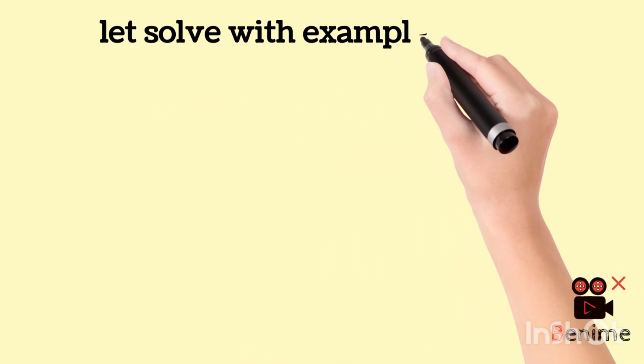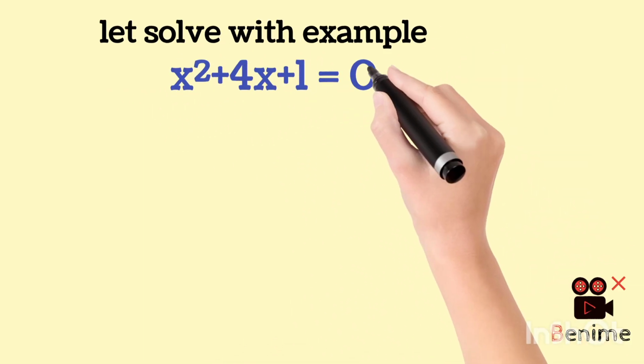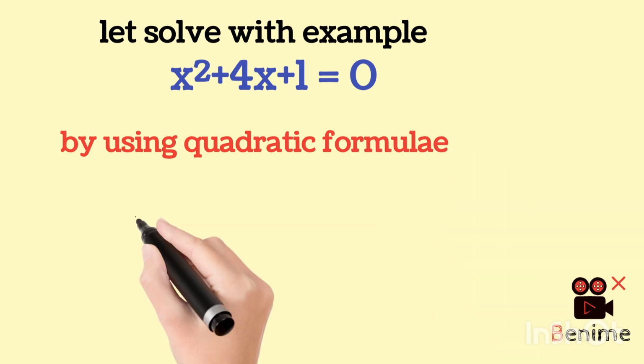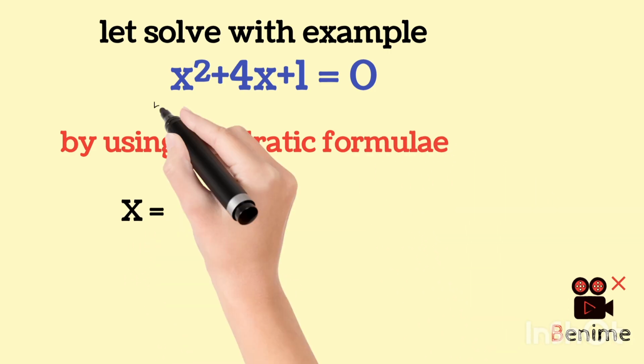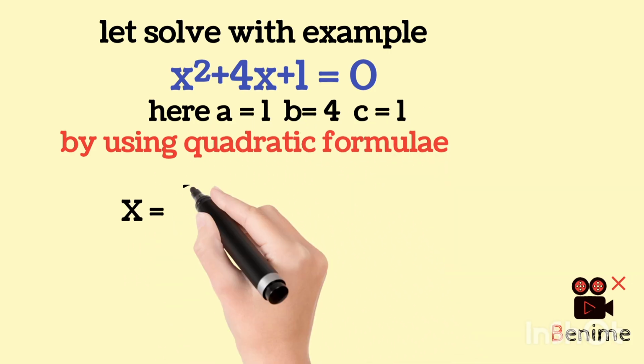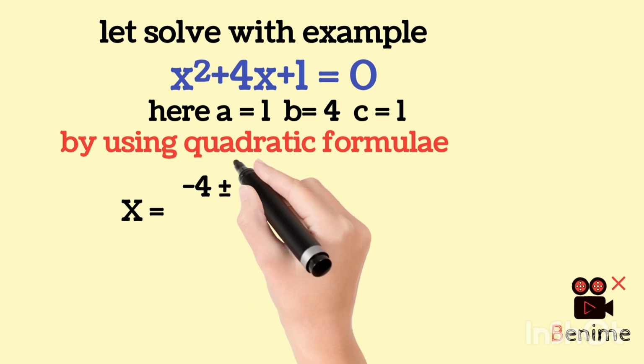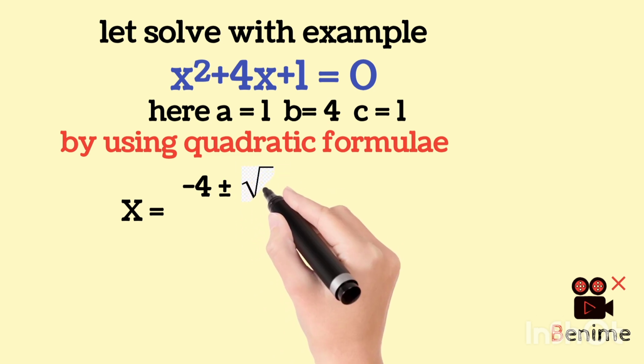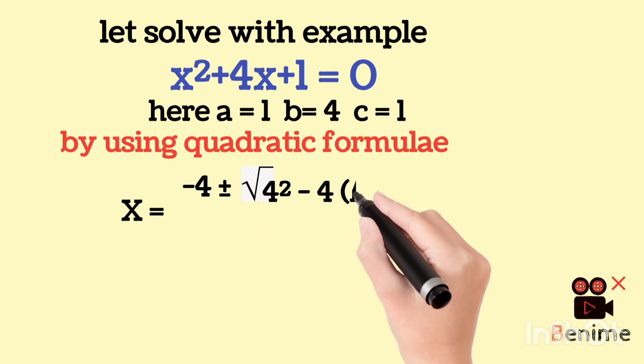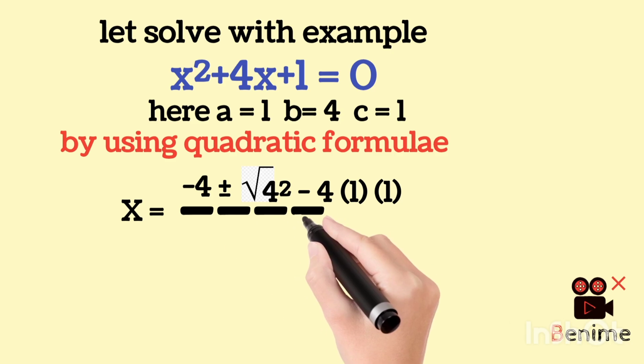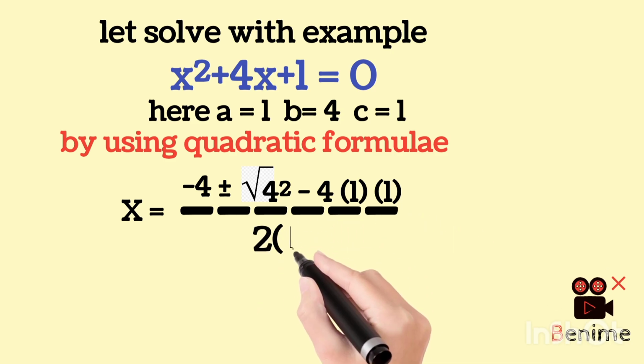Let's solve an example. x² + 4x + 1 = 0, a quadratic equation. By using the quadratic formula we get a equal to 1, b equal to 4 and c equal to 1. By putting into the formula, (-4 ± √(4² - 4 × 1)) / (2 × 1).